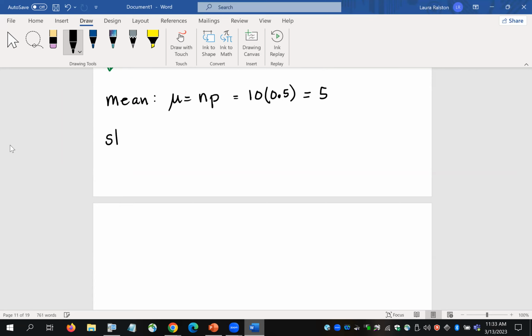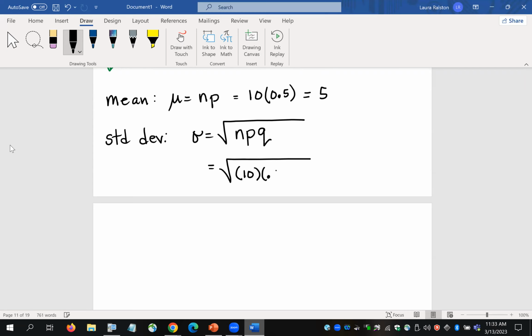The standard deviation is the square root of N times P times Q. So there were 10 questions, 50% chance she gets it right, 50% chance she gets it wrong. So we would have the square root of 10 times 0.5 times 0.5, which is 2.5.